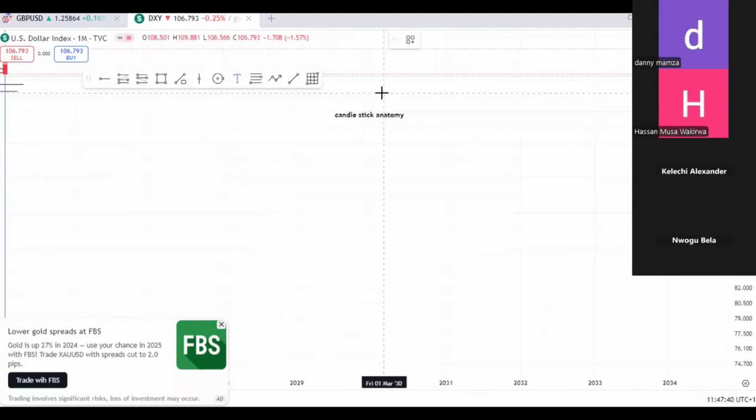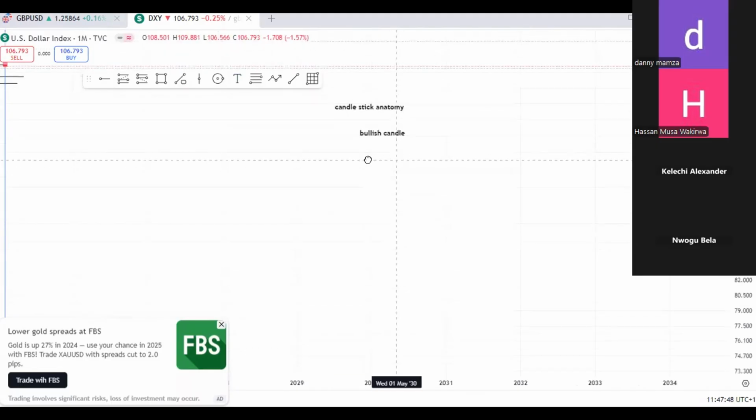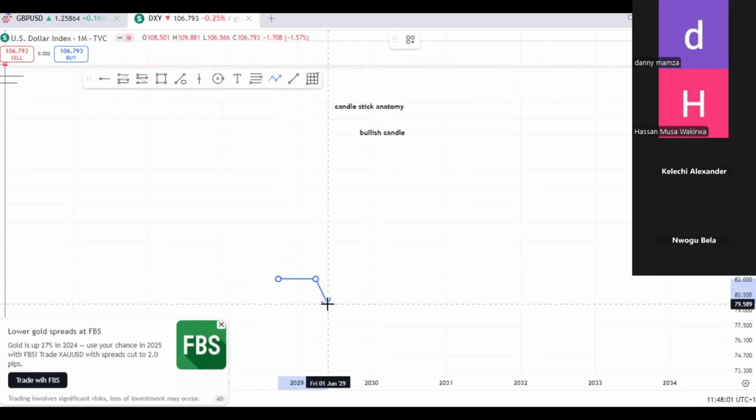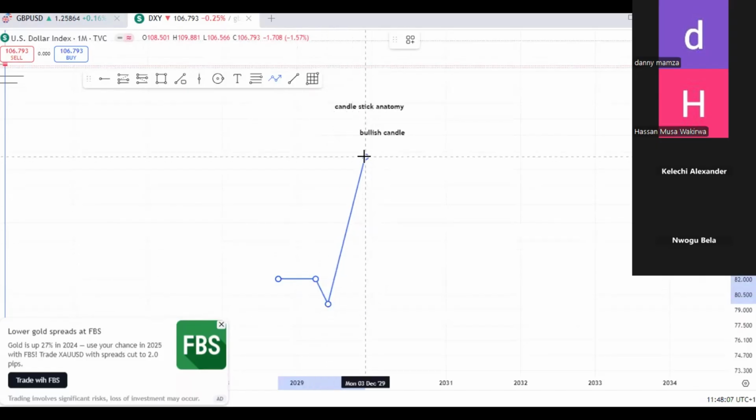For a bullish candle, this is how it forms. So what you see is you see the candle open somewhere, and then it will usually go down, rally, form a high, then it will close somewhere.